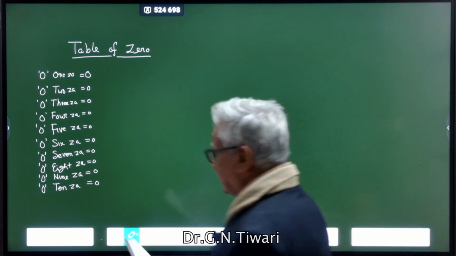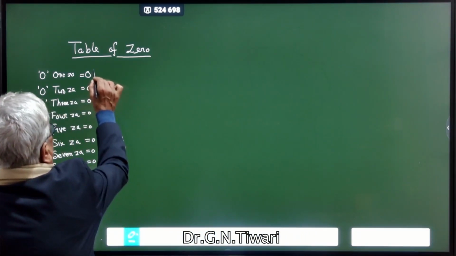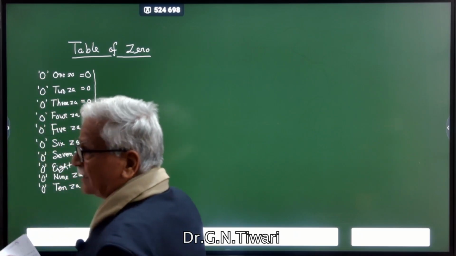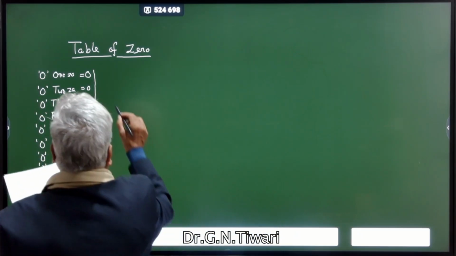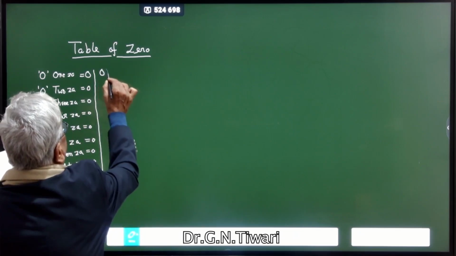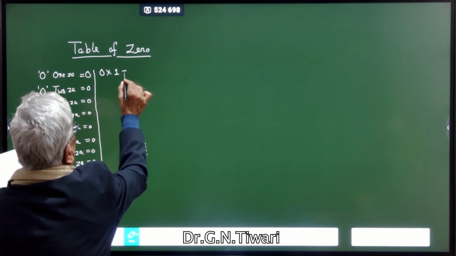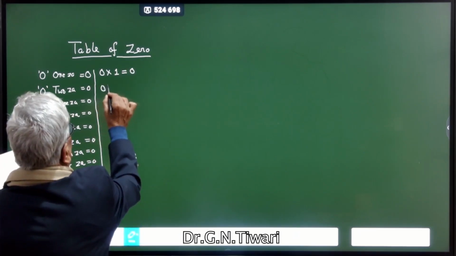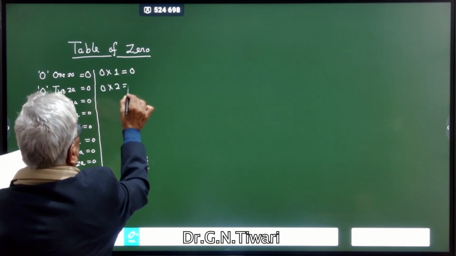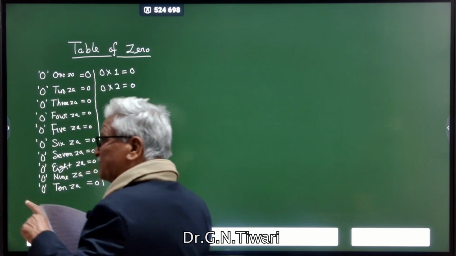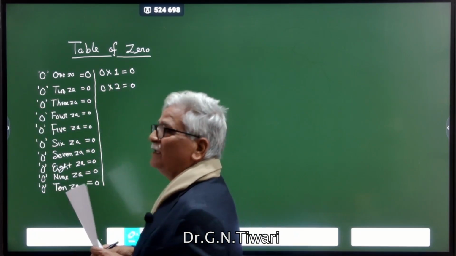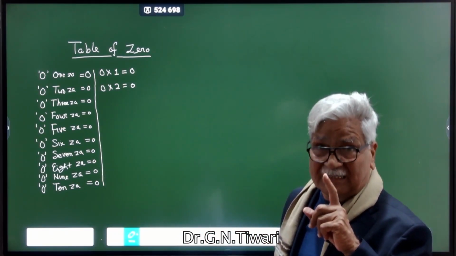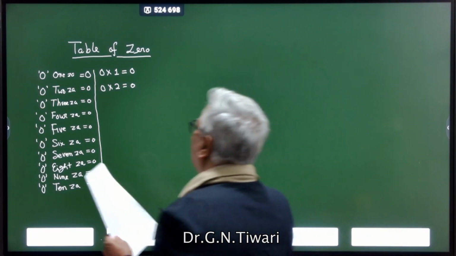But the second way in which this table can be read or written: 0 into 1 is equal to 0. 0 into 2 is equal to 0. I have already mentioned that the symbol means into, multiply. So I am not going to write into.